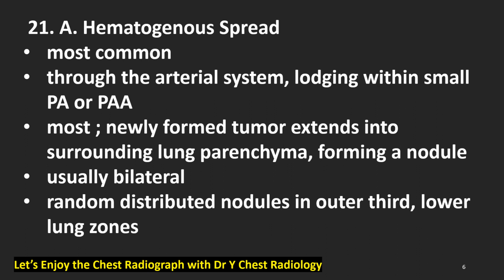In most instances, the newly formed tumor extends into the surrounding lung parenchyma, forming a nodule. They are usually bilateral and randomly distributed, more preferentially in the outer third and lower lung zones due to gravity, the blood flow.